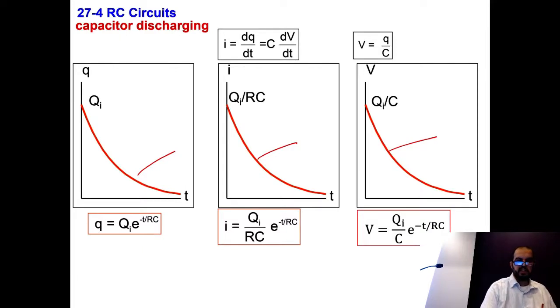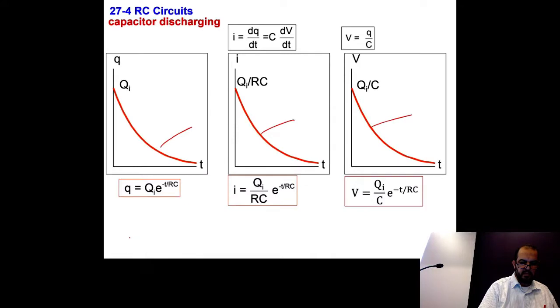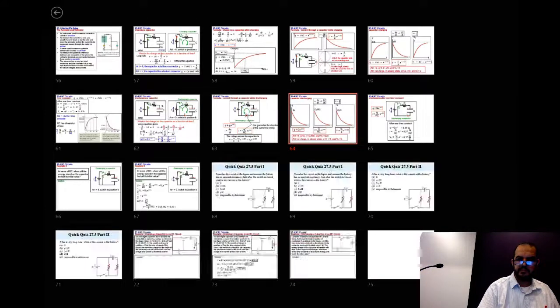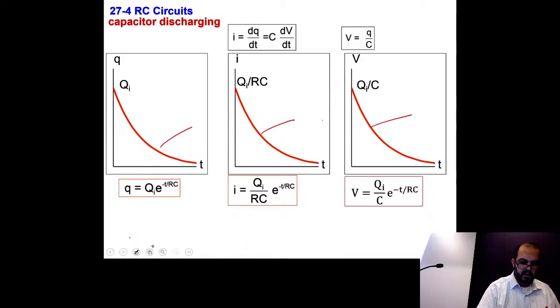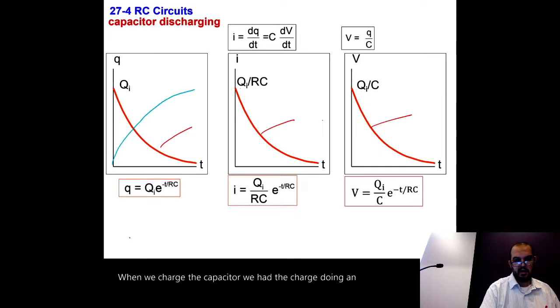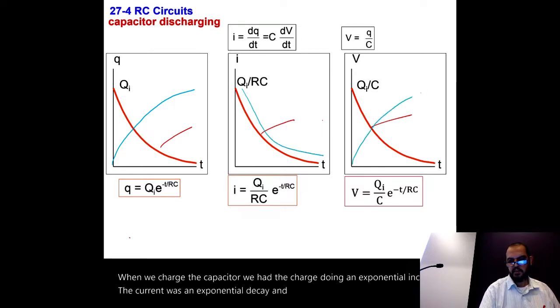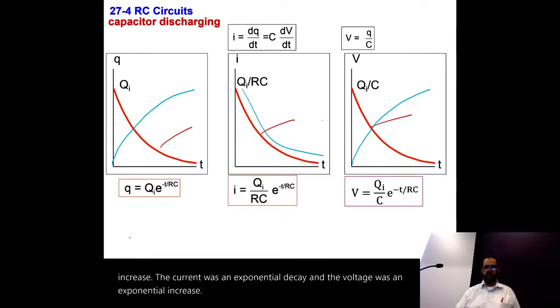Remember, when we charge the capacitor, we had the charge doing an exponential increase, the current was an exponential decay, and the voltage was an exponential increase. So charging and discharging are different.